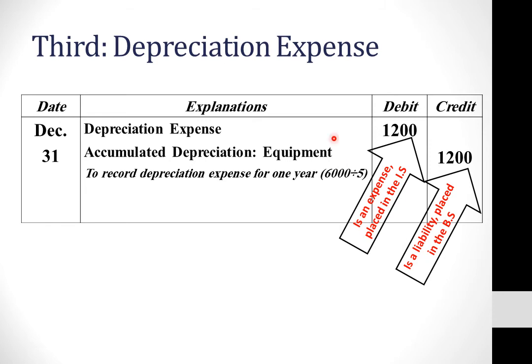So each year of those 5 years we are going to make this same adjusting entry to determine the amount of depreciation, which is depreciation expense equal to 1,200, and accumulated depreciation equipment for 1,200 will be placed in the credit. This will be deducted from the fixed asset called equipment in the balance sheet, and this will be transferred to or appear at the income statement as an expense.